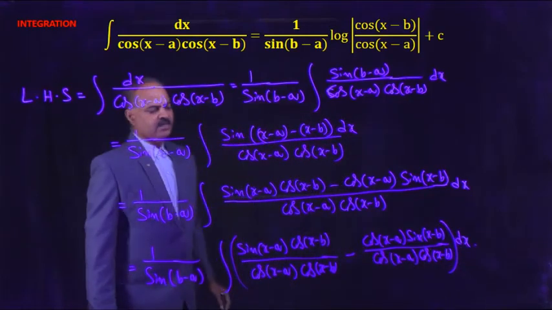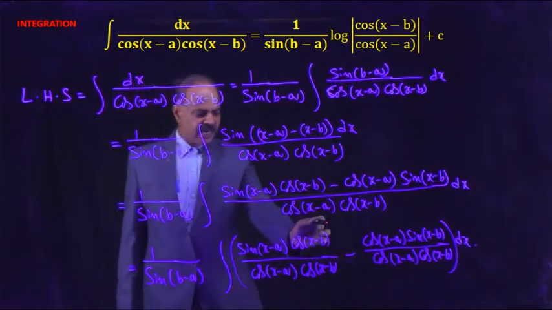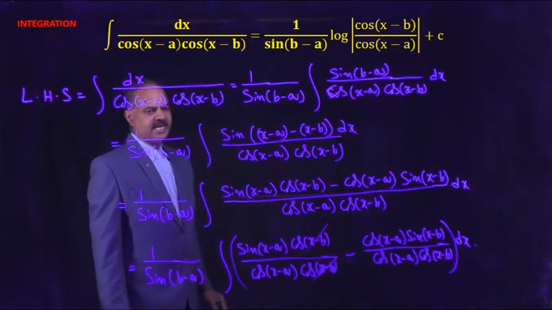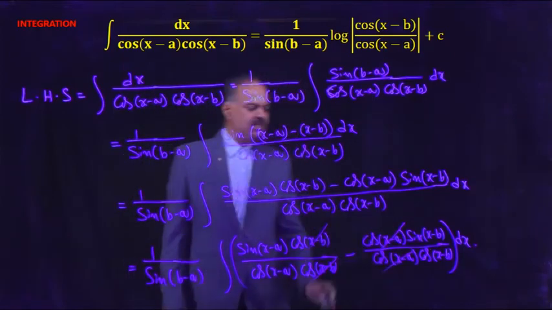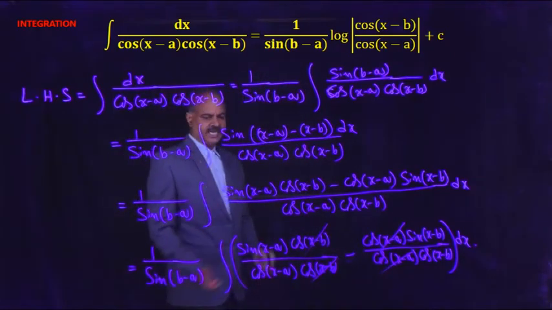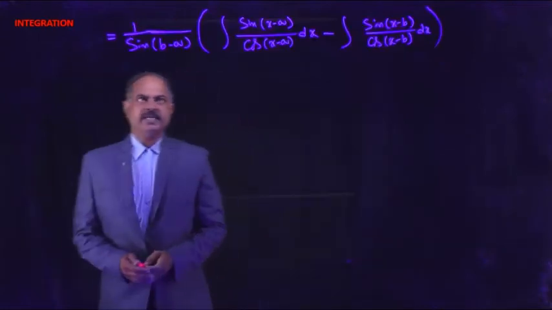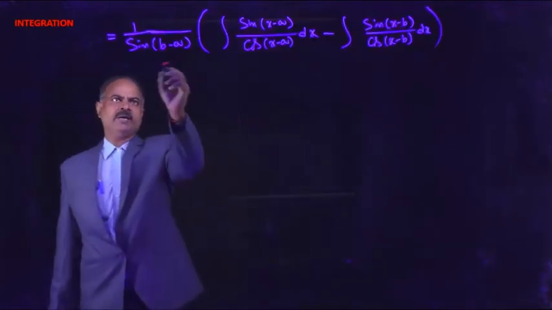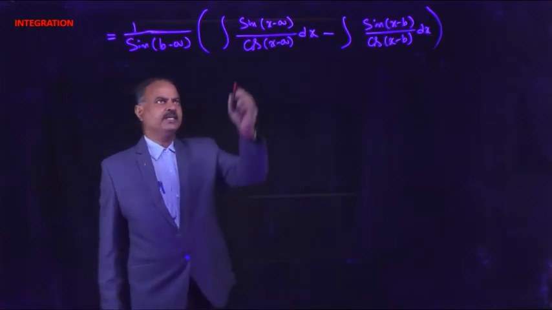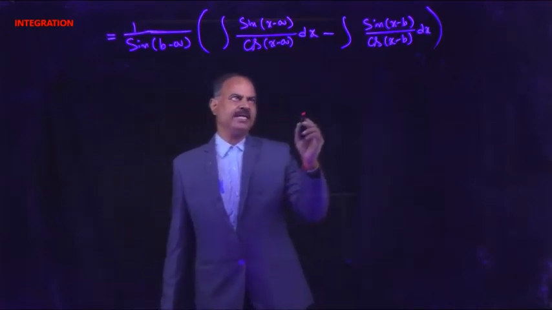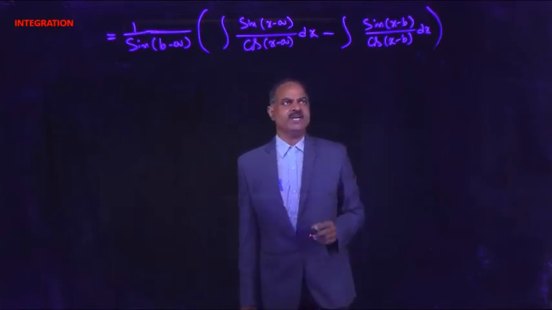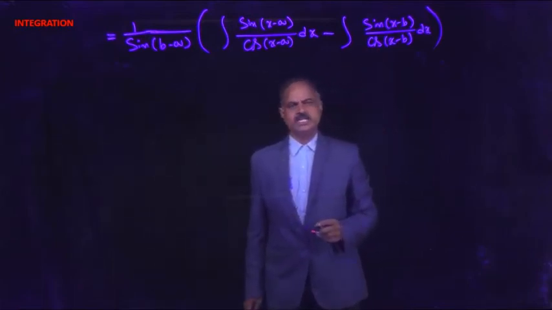Now here cos(x minus b) and cos(x minus b) get cancelled, and here cos(x minus a) and this cos(x minus a) get cancelled. Next, this is equal to 1 by sin(b minus a) into integral sin(x minus a) by cos(x minus a) dx minus integral sin(x minus b) by cos(x minus b) dx.